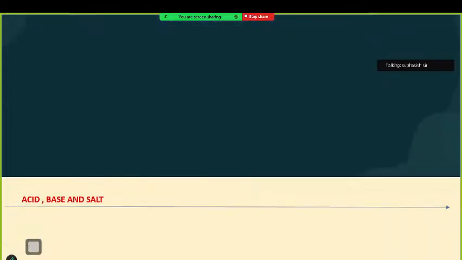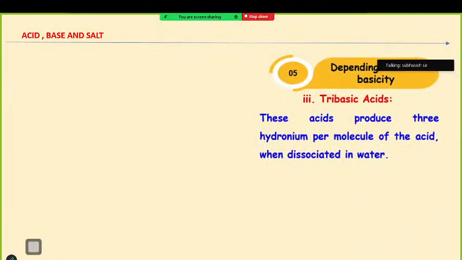Carbonic acid, already mentioned. Tribasic acid means one single molecule gives 3 hydronium or 3H plus ions, like phosphoric acid, H3PO4. It gives 3H plus ions in solution from one molecule of phosphoric acid.